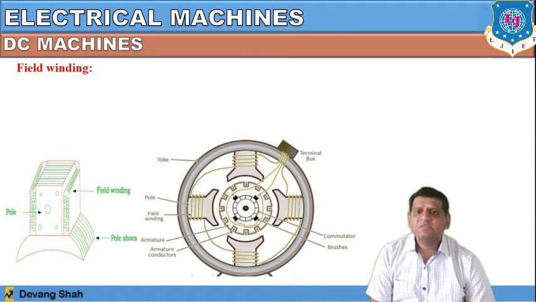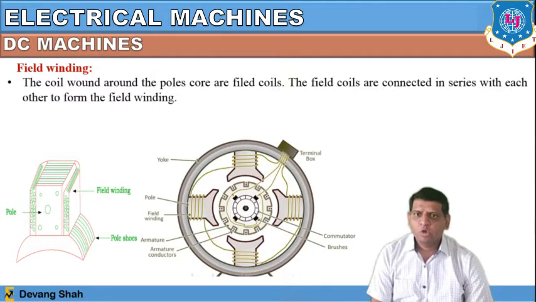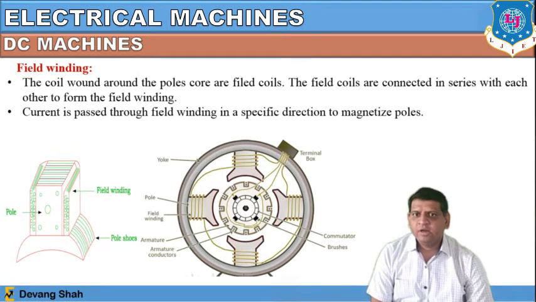If we further discuss the field winding, this is the part of the field winding which is wound over this pole. So here the coils wound around the pole core are defined as field coils, and the field coils are connected in series with each other to form the field winding. Current is passed through this field winding in a specific direction to magnetize the pole.